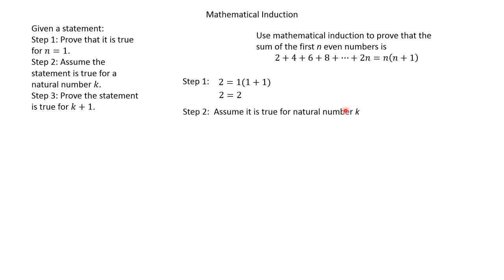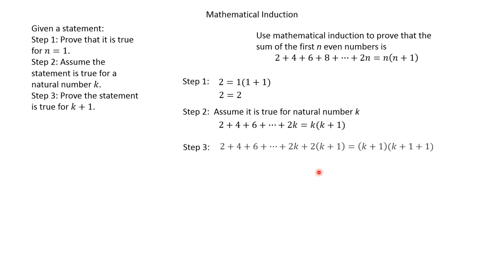Second, we have to assume it's true for the kth term. So we're just going to take this and change out the n's for k's. We're going to assume that's true. That is the second step. There's actually no work in the second step. The third step, assuming that this is true, we're going to prove it for the next number.